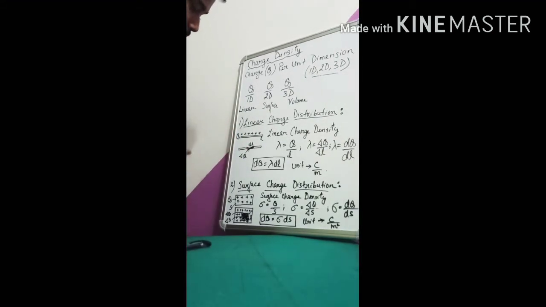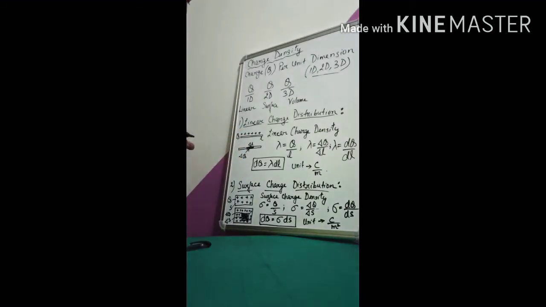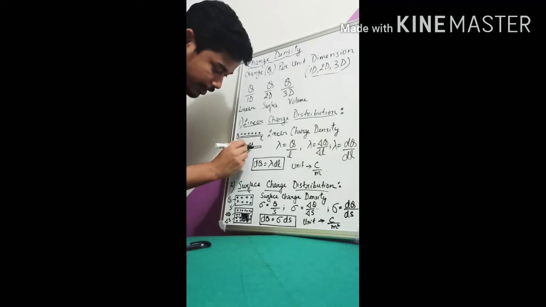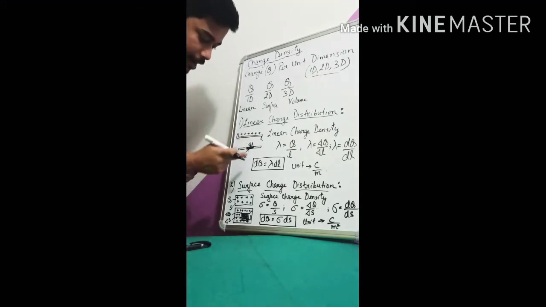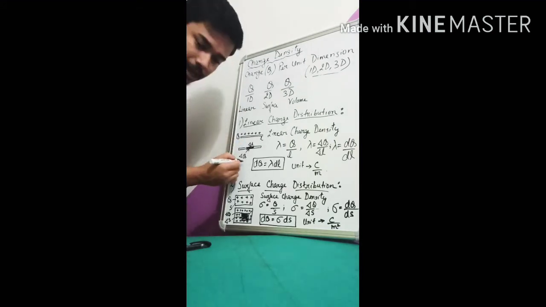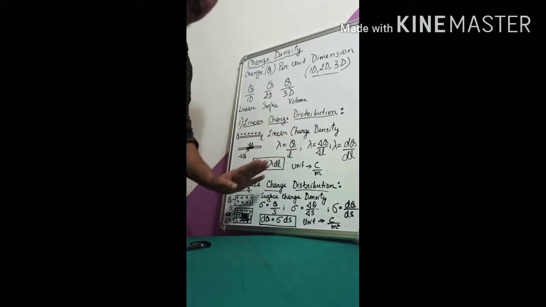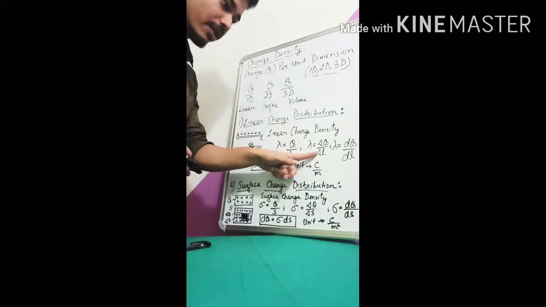For this length element, we consider the total charge present in the element to be delta Q. So for this length of the conductor, the total length is delta L, and the total charge present on this element is delta Q. For this element, we will get the linear charge density, and that will be equal to delta Q divided by delta L.